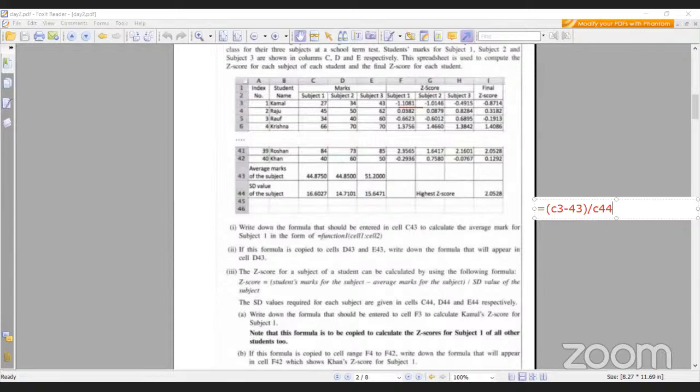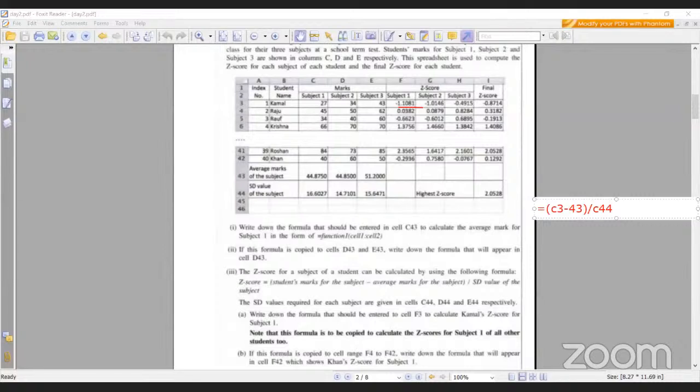You have to make it absolute. What do you have to make absolute? Now Kamal's mark, Raju, do you need to make that part absolute? No. But average will be the same. So first thing you have to make absolute is average. So you can make it $C$43 or without the preceding one, C$43 even.